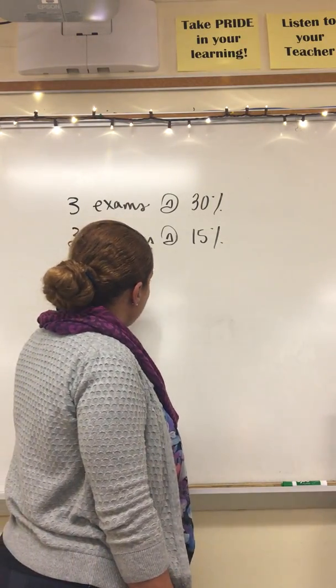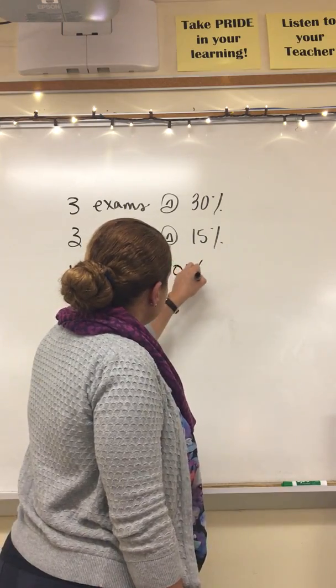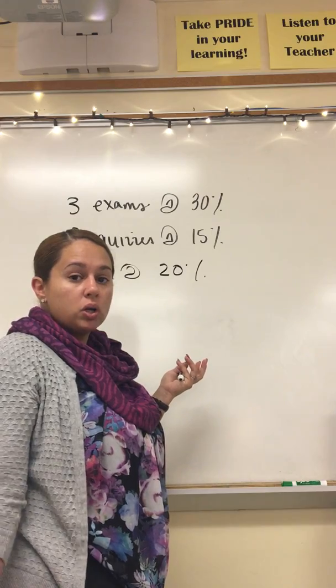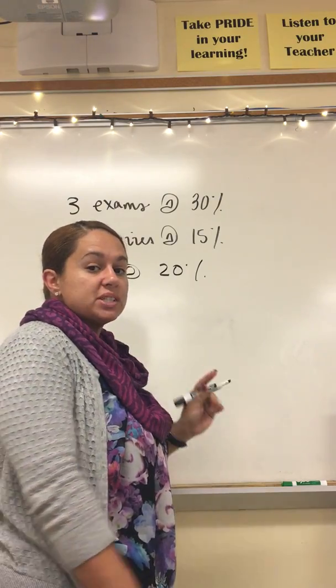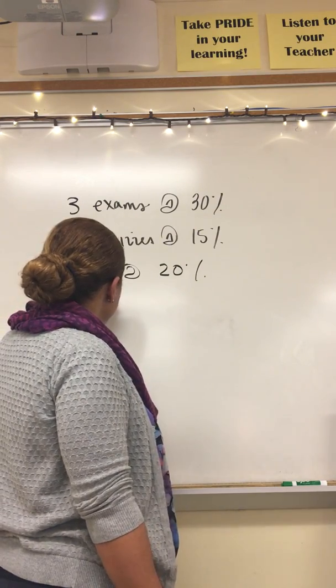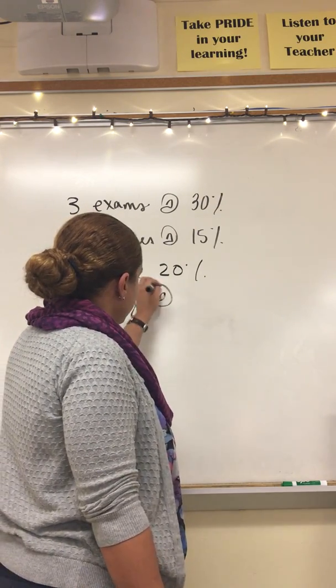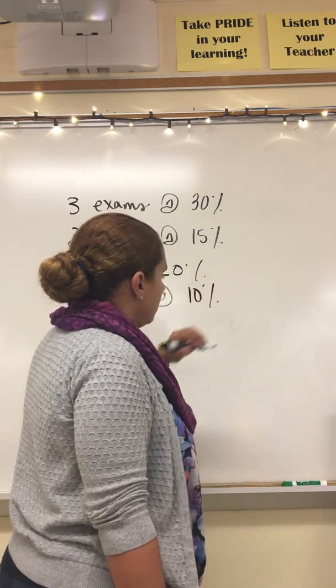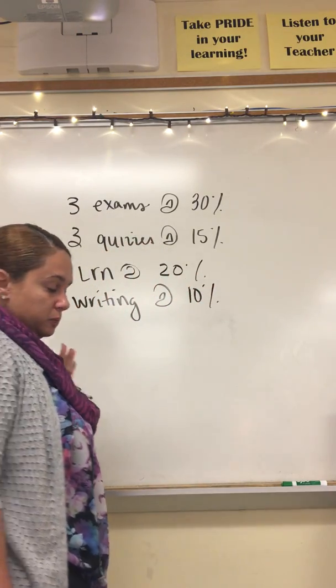The homework is worth 20% of your grade. Then we have a category called written work, which is an essay that you'll take at the end, and that is worth 10% of your final grade.